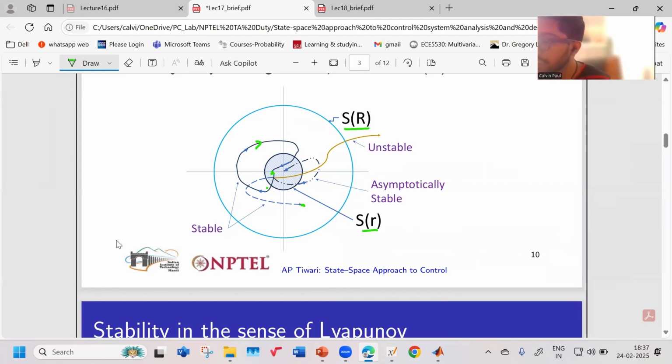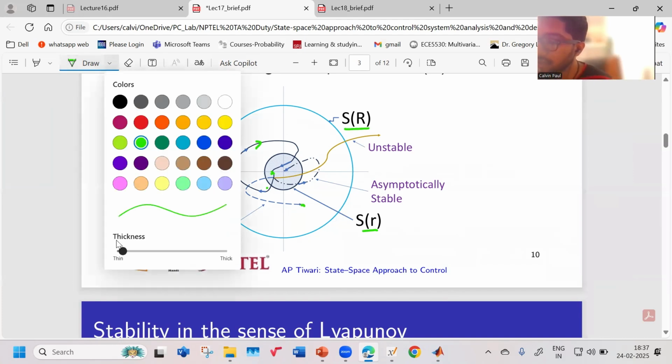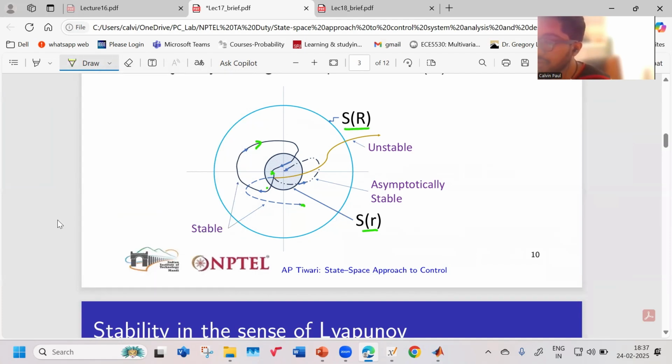Let us consider the third case. In this case, it starts again from here and goes here. It started within S of small r, went out of S of small r, but stayed within S of capital R, and then it comes back into S of small r and reaches the origin, and it stays there.